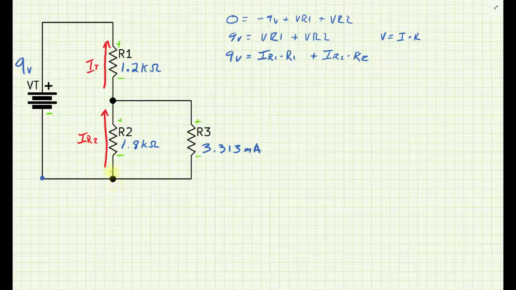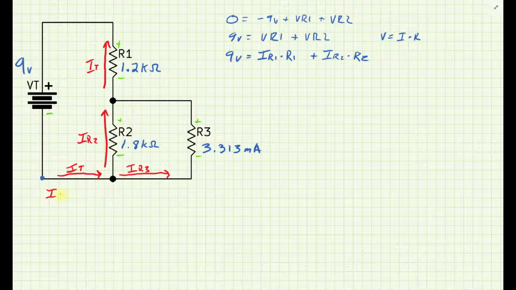And then my node analysis here, where this split, I had I total coming in like this, IT, and then I had this current here, IR3, leaving this node here.